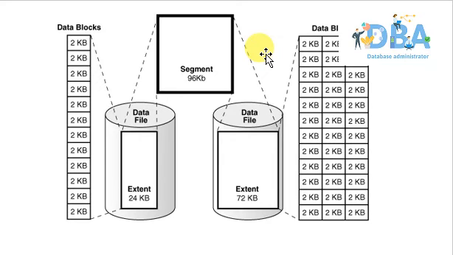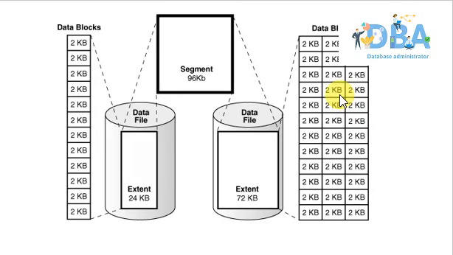Now take a look at a different representation. Here we are considering one table space that belongs to data files, and inside the data files you can see one segment. These two extents are creating one segment, and inside the extents there are multiple data blocks.